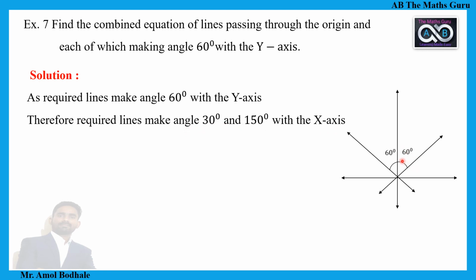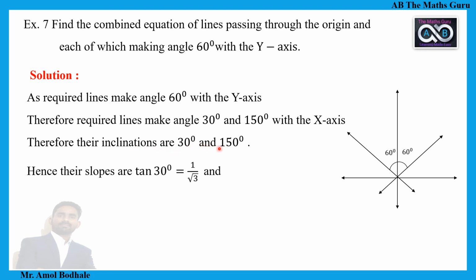Here if this angle is 60, then this angle is 30 degree. And the angle between the x-axis and this line will be 90 plus 60, which is 150 degree. Therefore their inclinations are 30 and 150 degree.